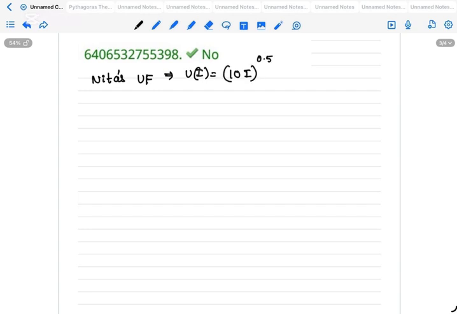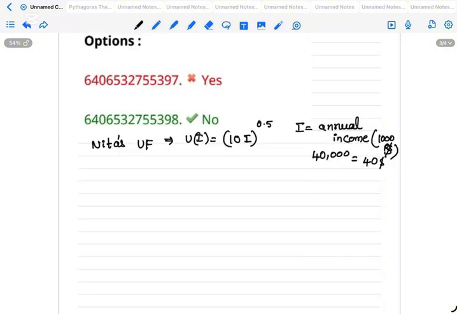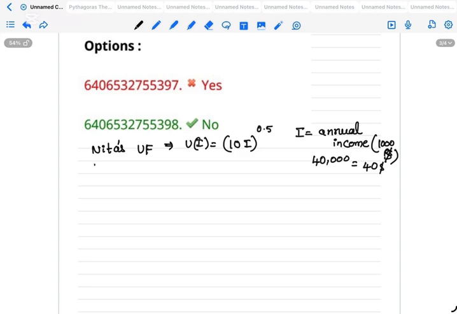I is annual income in $1,000. If it is 40,000, I equals 40. So Nita's current earning income is 40, that is 40k, $40,000. Nita is offered a new job.